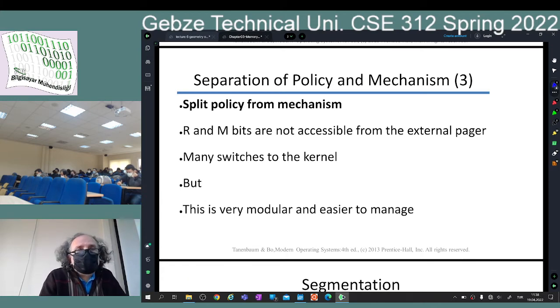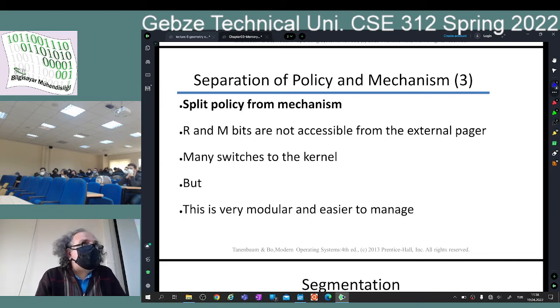But this structure, separation of policy and mechanism, is very modular, easier to manage, and it is less sensitive to the errors done in the pager. Okay, so that's about the separation of policy and mechanism.